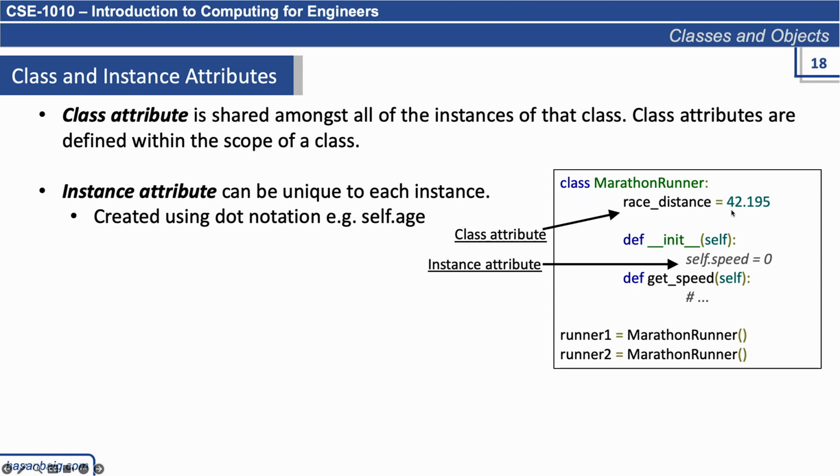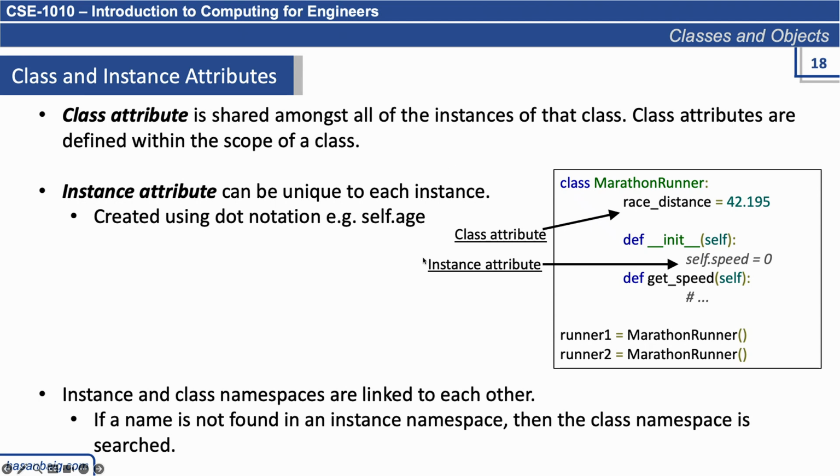Okay, this is what I meant to say here. So if a name is not found in an instance's namespace, then the class namespace is searched. Again, when we create an instance and refer to an attribute, first the instance namespace is searched, and if it is not found, then Python searches for the attribute in the class namespace.